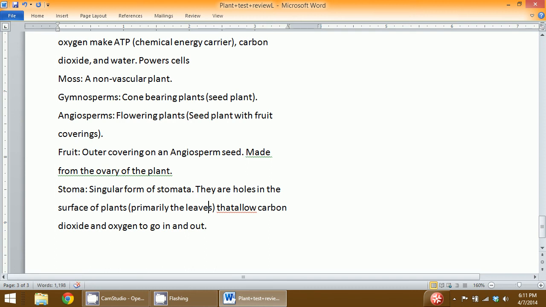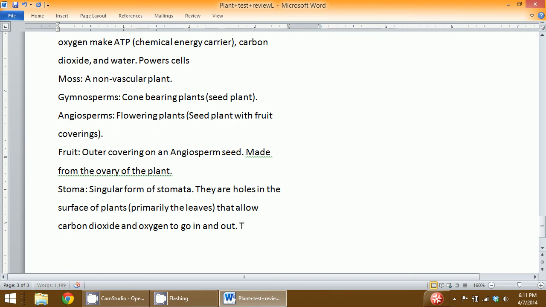It actually depends upon what the plant is more doing at the time. Most of the time the plant is doing photosynthesis, and so usually they're allowing carbon dioxide in and oxygen out. Although sometimes when the plant can't do photosynthesis for various reasons, they're letting oxygen in and carbon dioxide out. It just depends on what's going on at the time.